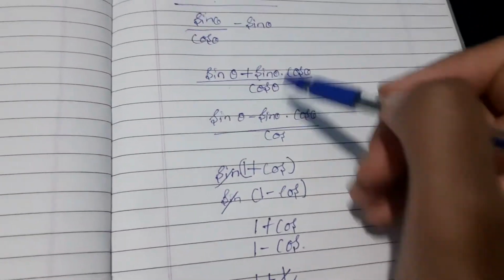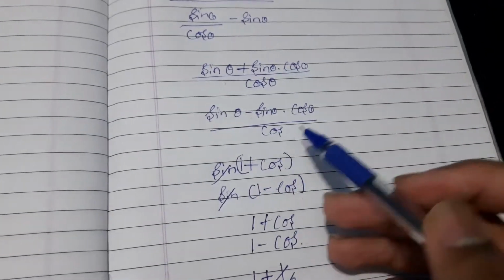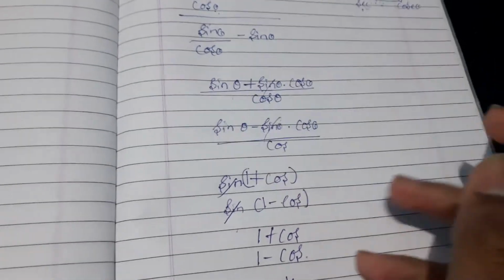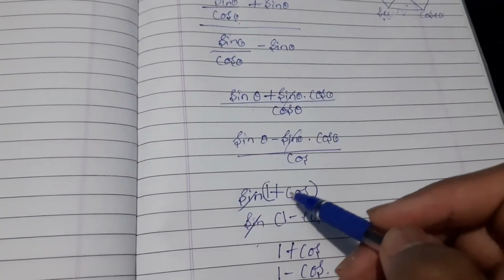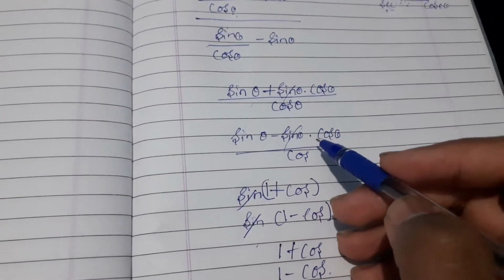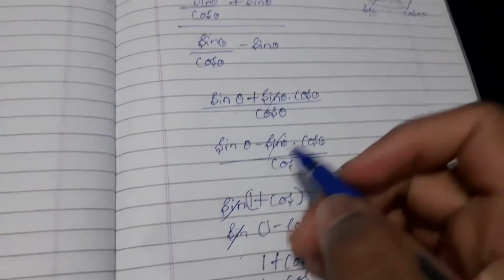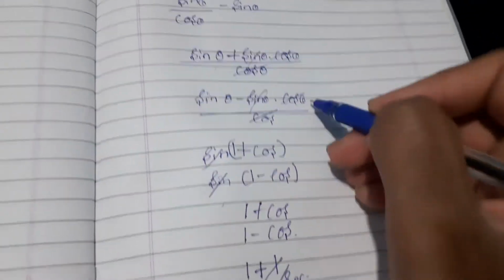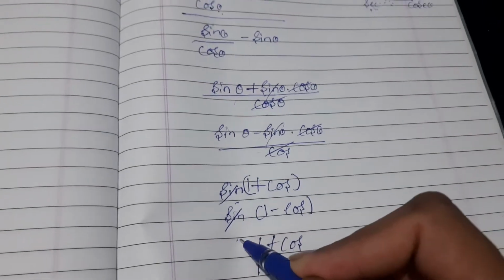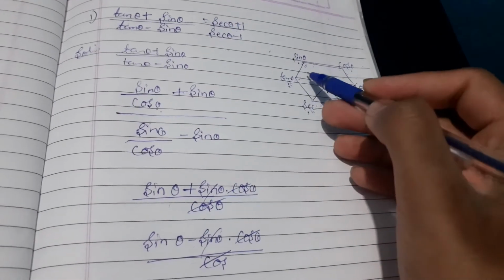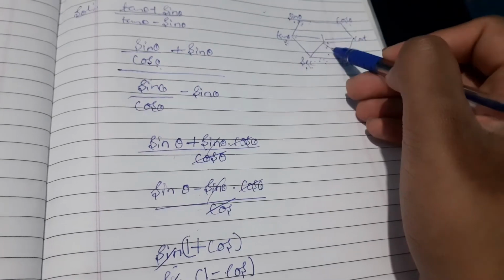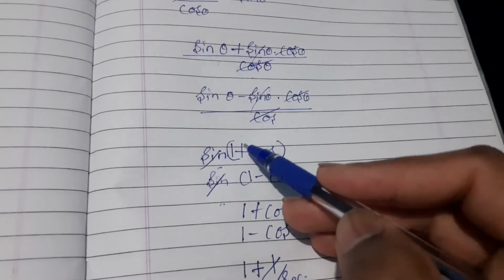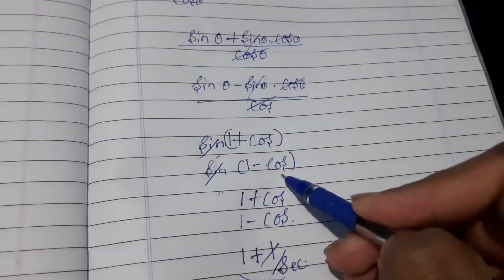Sine theta will get cancelled here, and here both are sine theta, which will get cancelled. Here both are cos, and this cos and 1 cos will get cancelled. Assume it as 1 plus cos, 1 minus cos. Written here is sine 1 plus cos, and the same in the minus sign.